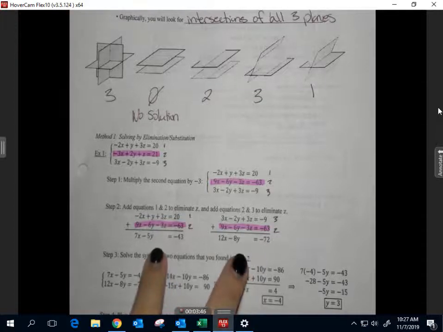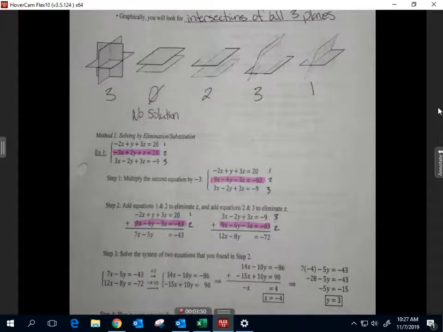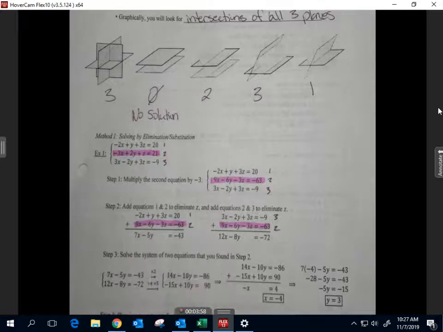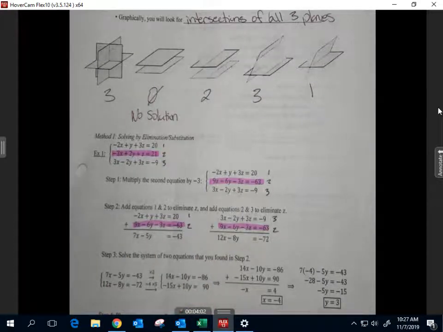So you can see when they do that, no more z. Got rid of the z. So now you're at what you should be used to from Algebra 1: you're left with a linear equation with x's and y's. And in step 3, they solve the system of two equations that you found in step 2. So these two equations are right here. Now here's the crazy part. So far it's not too crazy, it's okay.